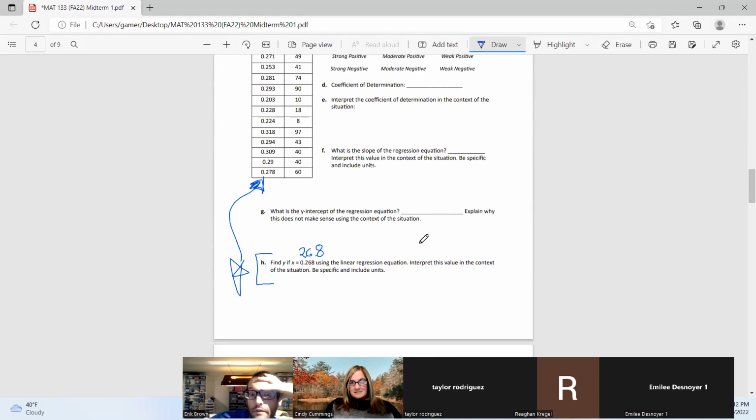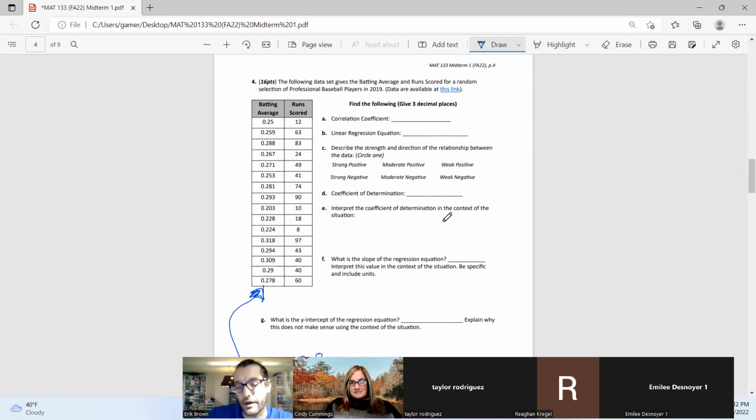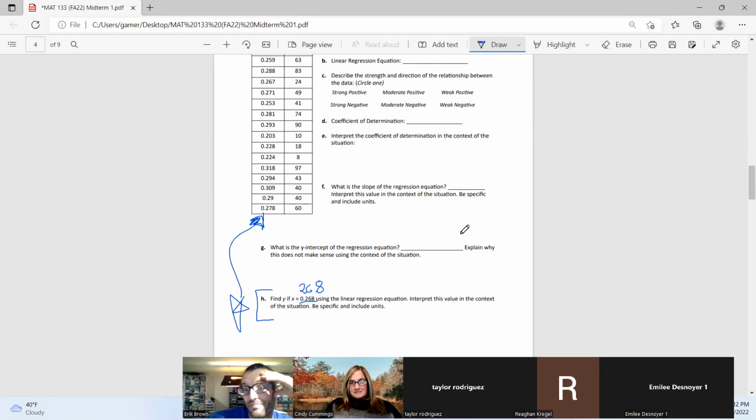Like I said, so far everyone has just plugged in the data value, got out the Y value, and then told me what that meant, even though it didn't make any sense. For me, that's fine. I just want to know that you know how to take an X value, plug it into an equation, and calculate something with it, even if it didn't make any sense. But I'm going to look at what each of you did.